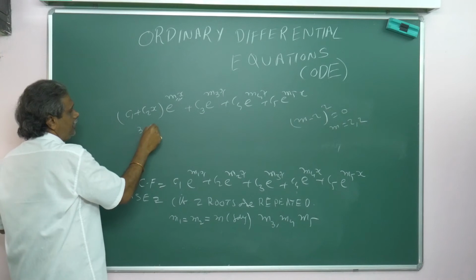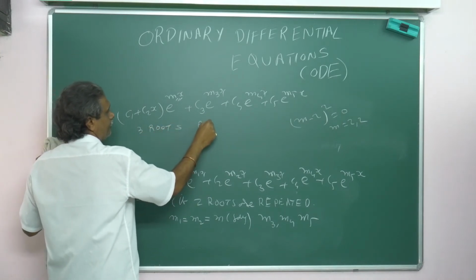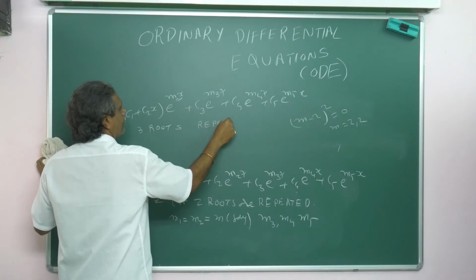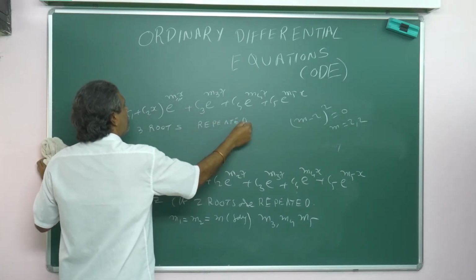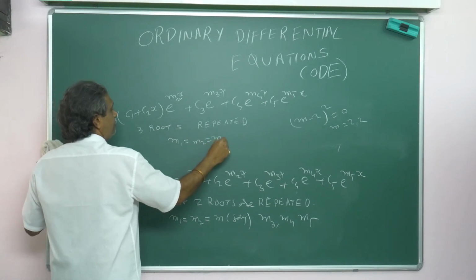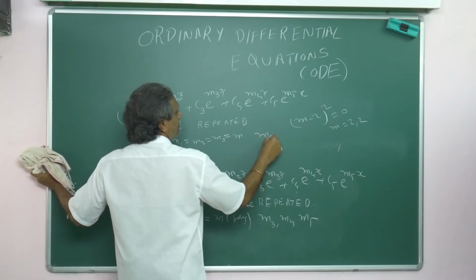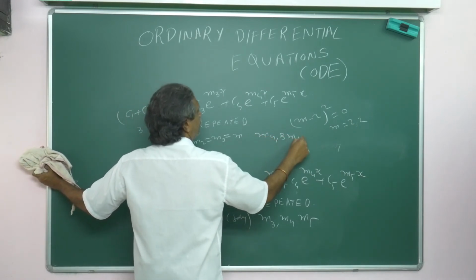Suppose 3 roots are repeated, then what will you say? m1 is equal to m2 is equal to m3 is equal to m you will get. Then the remaining 2 are as usual, m4, m5.